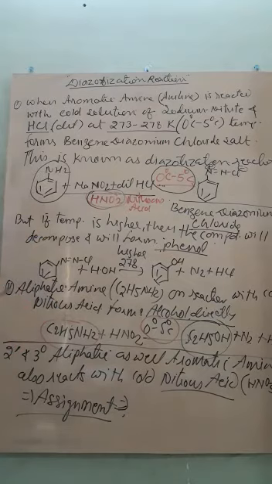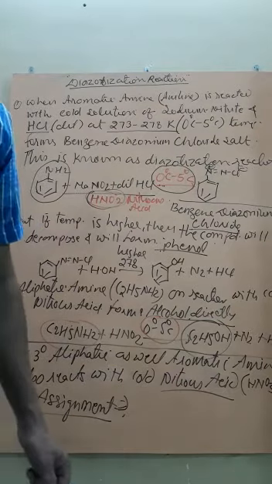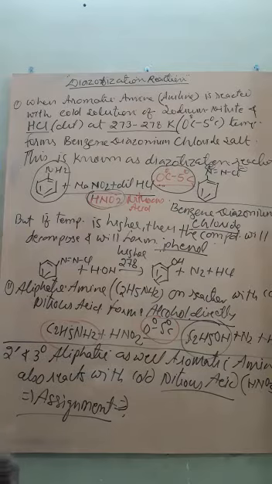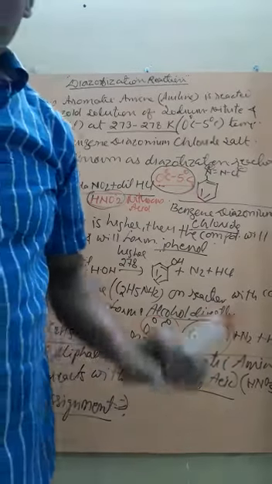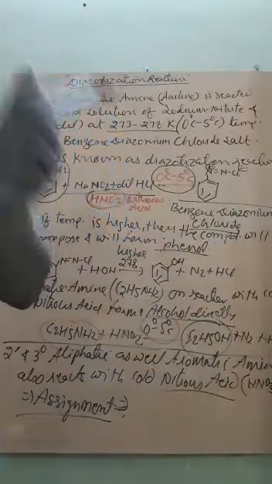The compound formed with a secondary aliphatic amine will be N-nitrosodiethylamine, and if it is an aromatic amine, then it will form N-nitroso-N-methylaniline.